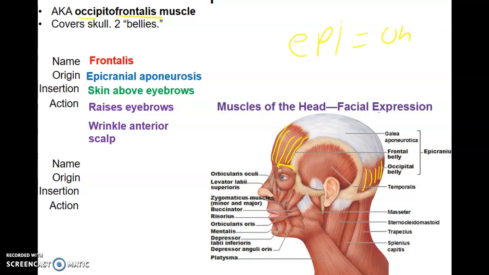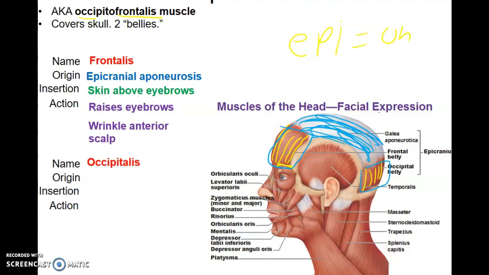And its origin is this thing called the epicranial aponeurosis. Aponeurosis is just a thick, dense connective tissue. And epicranial means it's on top. So this right here, it's why you don't have a parietalis muscle, is the aponeurosis. So you have the frontalis right here and the occipitalis, and they share a common origin right there.